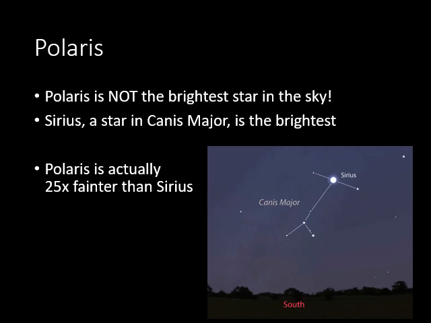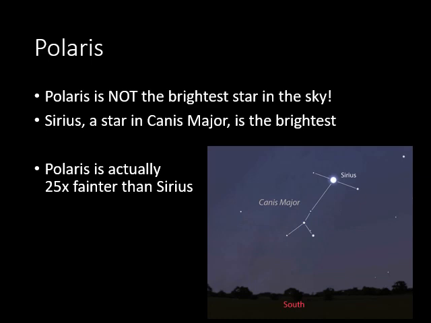Sirius is part of Canis Major, the big dog, and you can see it in the cartoon here. Sirius is in the southern sky in our winter time, and it's a lot brighter than Polaris. Polaris is actually 25 times fainter than the star Sirius, and there are at least 40 other stars in the night sky that are brighter than Polaris.